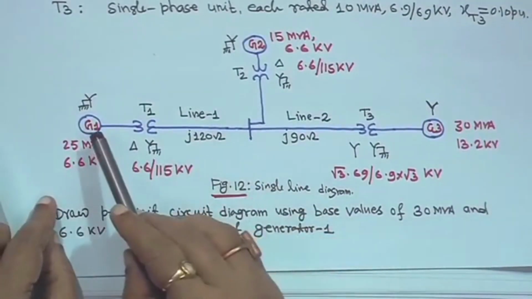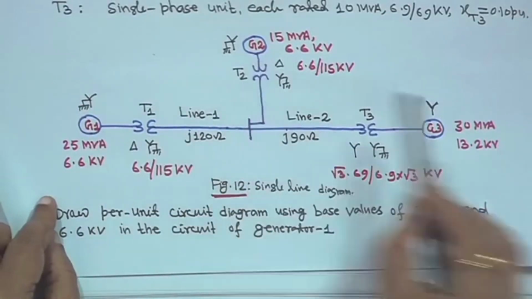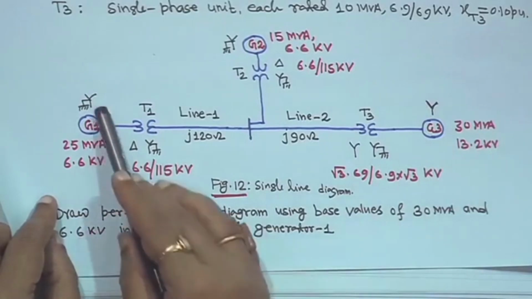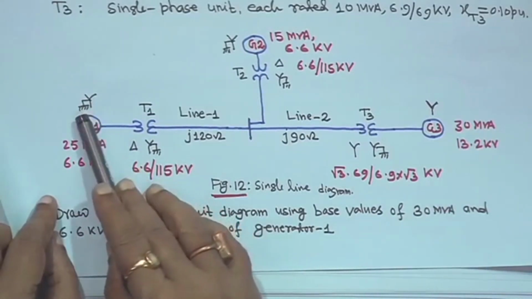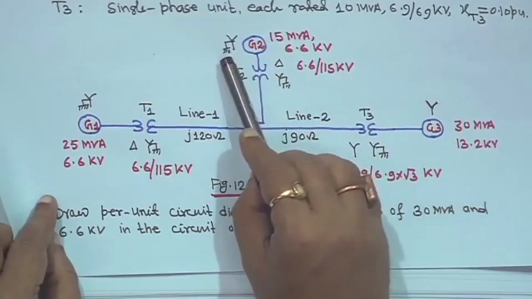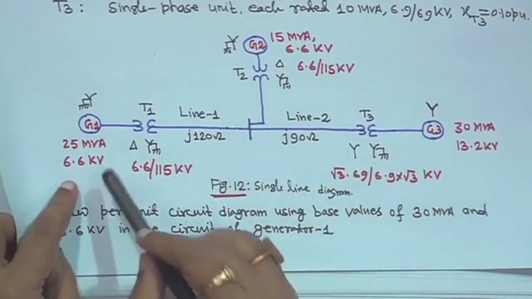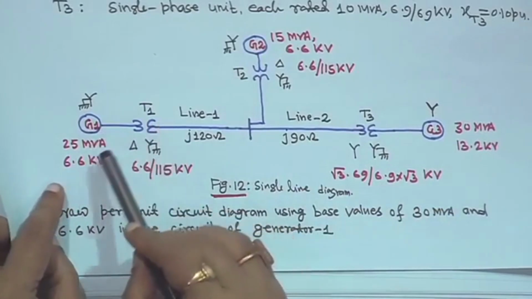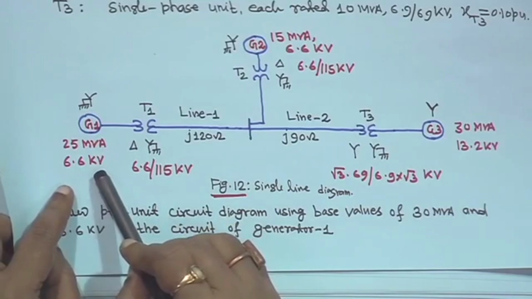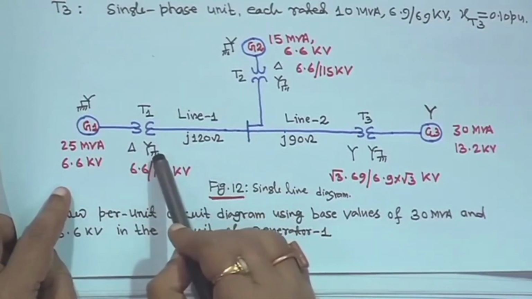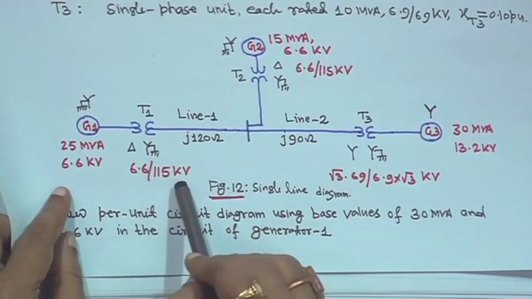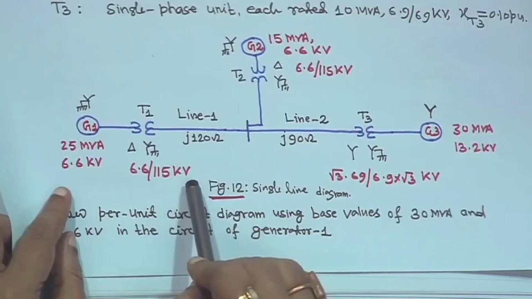There are 3 generators: generator 1, generator 2 and generator 3, right. Generator 1 is star connected and grounded, generator 3 is not grounded, and generator 2 is grounded. Generator 1 has a 25 MVA rating and 6.6 kV terminal voltage. This transformer is a delta star, with the star grounded, rated 6.6 and 115 kV, right.